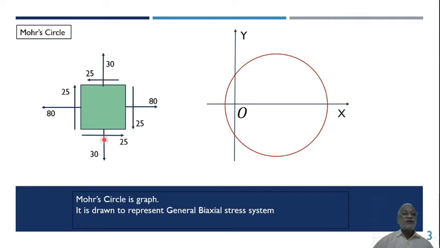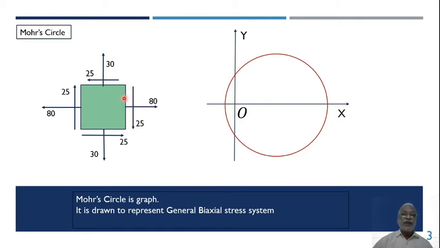What is general biaxial? If you take an element from the stressed member and put the stresses acting on the element, any stress can be replaced by a normal stress and a tangential stress.